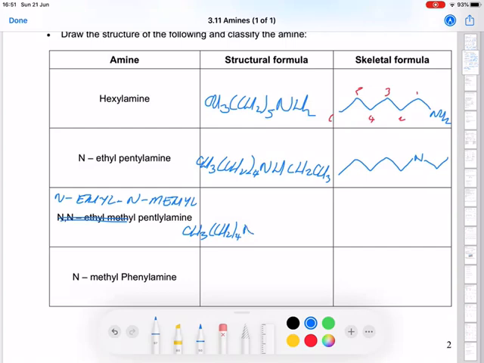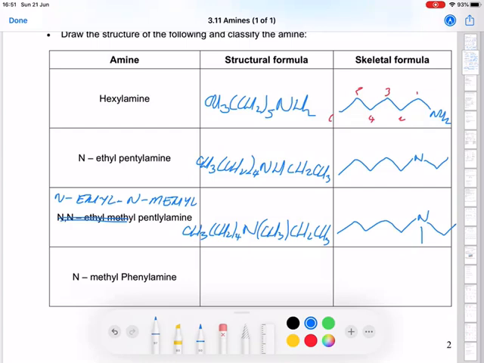I've then got an N, and I've got a methyl and an ethyl coming off it. So I'm going to put the methyl in brackets, and then CH2, CH3 at the end of that. Okay. The skeletal formula, start with the 5. So 1, 2, 3, 4, 5. That's joined to the N, so move that up to the N. And on the N, I have a methyl and an ethyl.